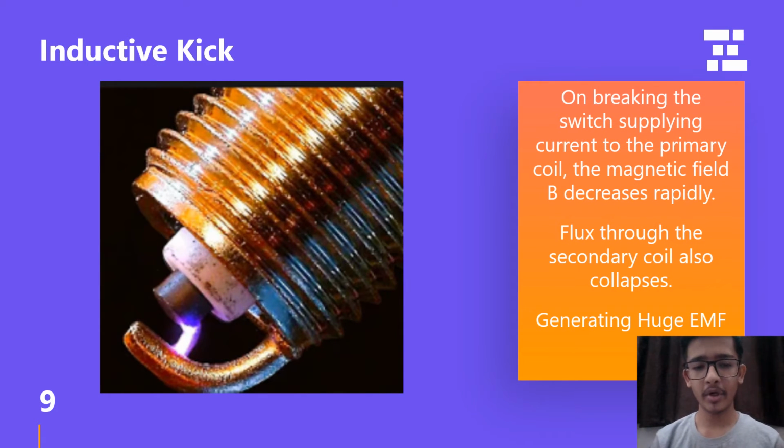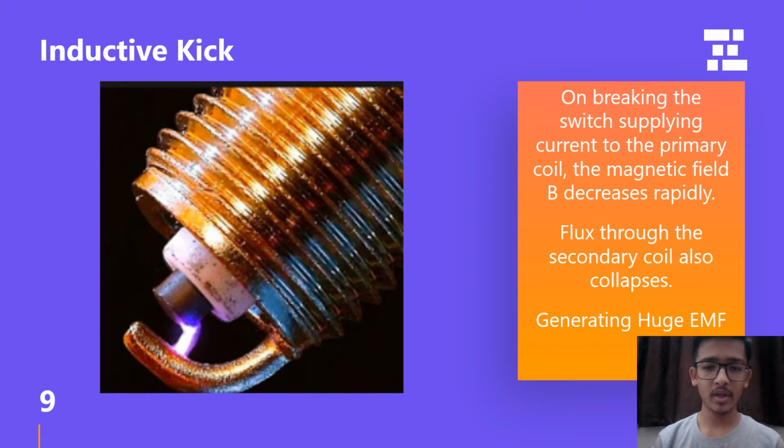So now, the production of spark in the spark plug. The spark plug consists of two terminals. One is a terminal which is grounded, and the other terminal is connected to the secondary winding, which, as we have seen from the previous slide, generates a huge amount of EMF. So the battery which is running the current through the primary coil is switched off.